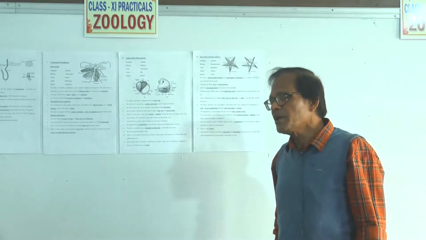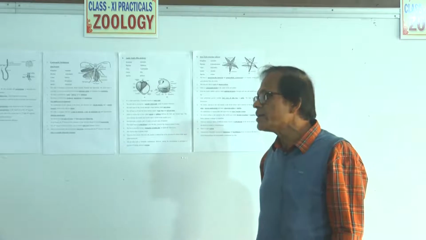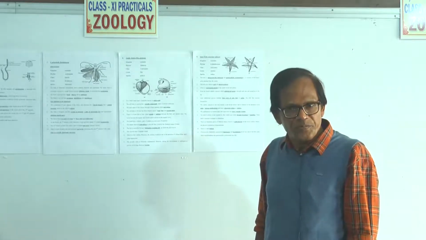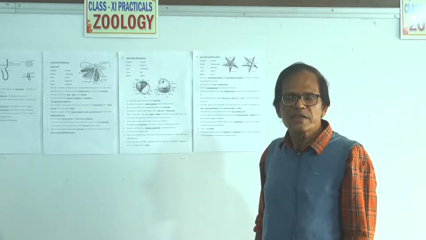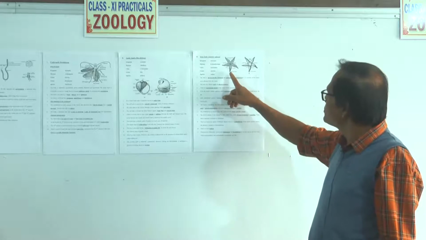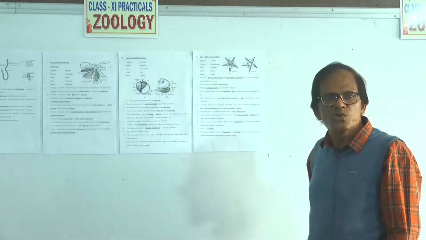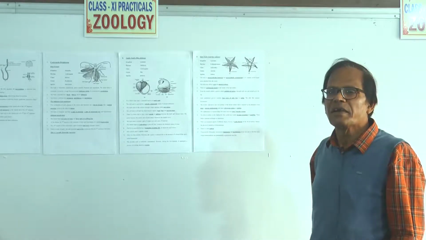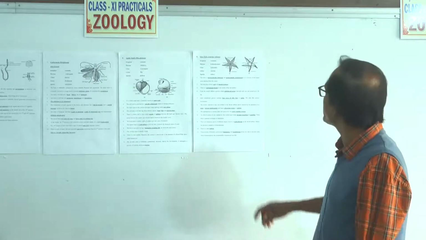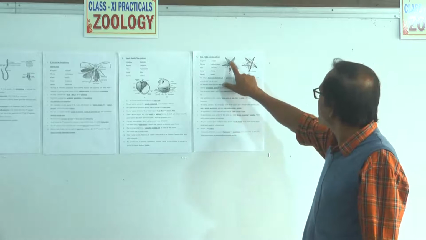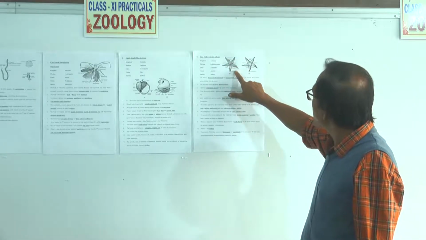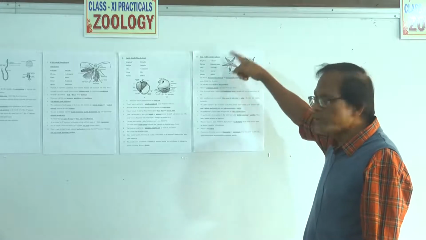Just recall, we uttered the word radial symmetry first in connection with Hydra. Adult Hydra is radially symmetrical. Here, the adult starfish too is radially symmetrical. It is not just radially symmetrical but pentaradially symmetrical. Look at this figure. It looks like a star. You cut it across this line, you get two equal halves.